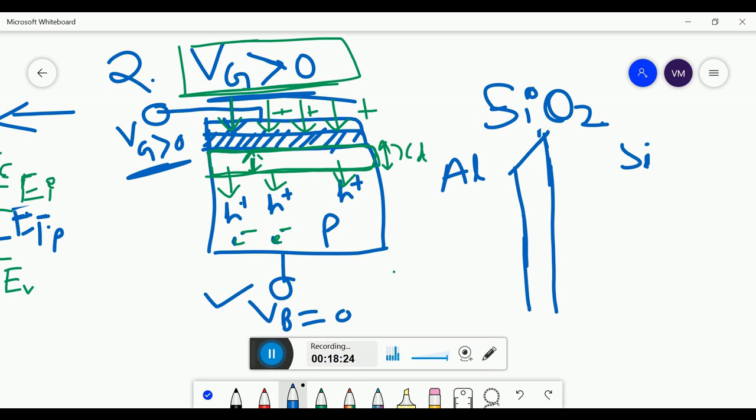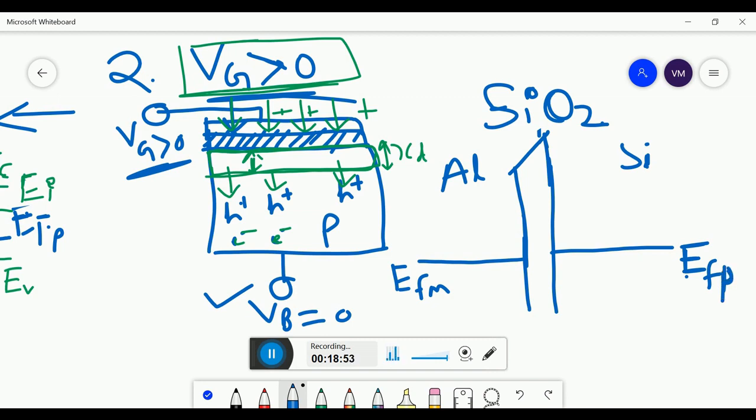Now let us draw the original condition. We always have to draw the original condition and then we will draw the changes. So our original condition was something like this. This was the energy of the Fermi level of the metal gate, and it was aligned with the energy of the Fermi level of the silicon, P type.